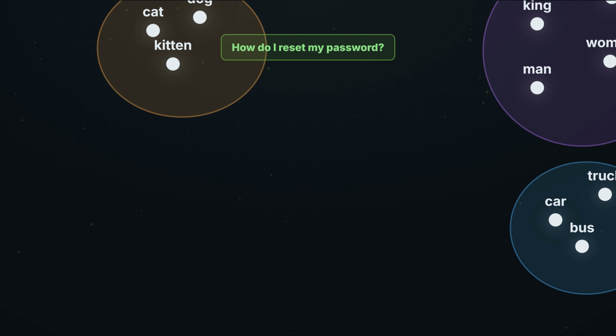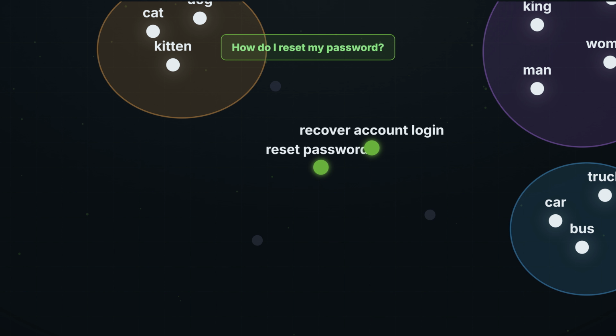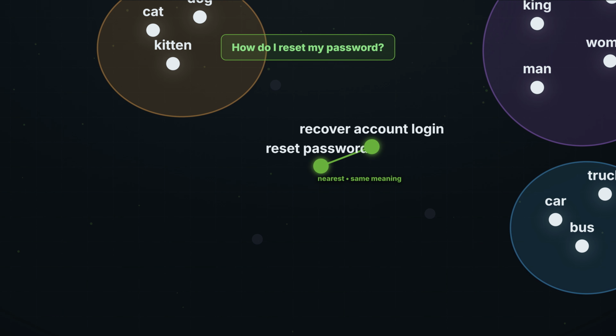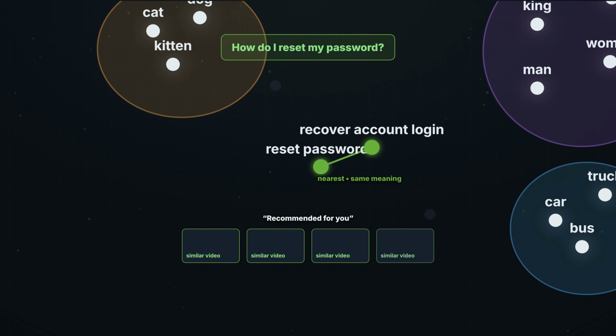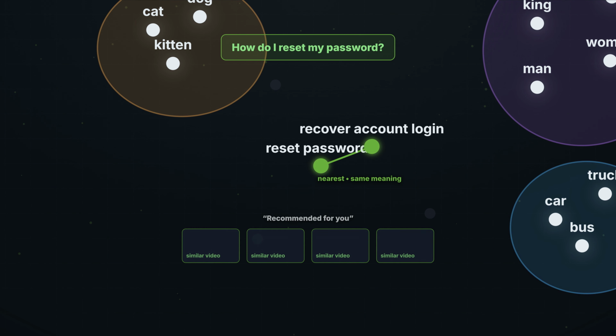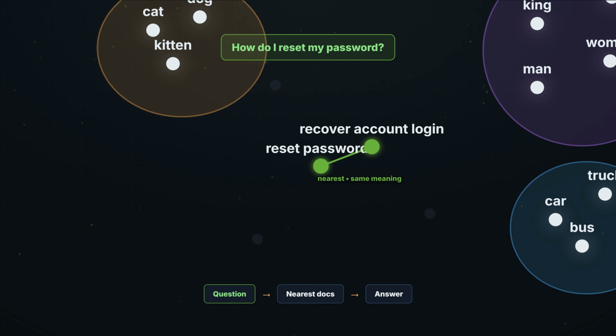Now go back to those two sentences from the start. Here's the payoff. When you search, your question becomes a point too. How do I reset my password? Lands right here, and the closest point to it is steps to recover your account login. No shared words, but they are neighbors on the map because they mean the same thing. So find related text turns into something computers are great at.